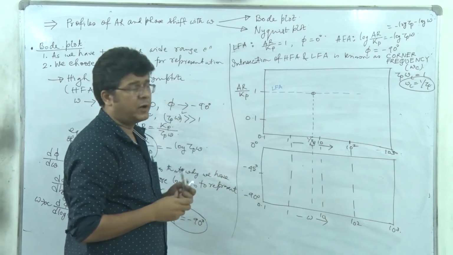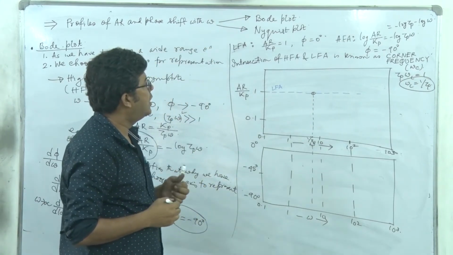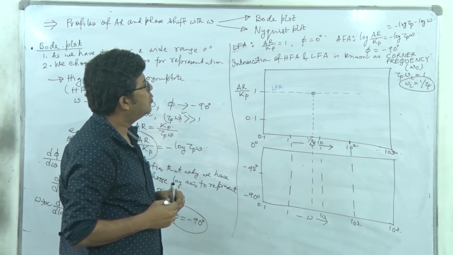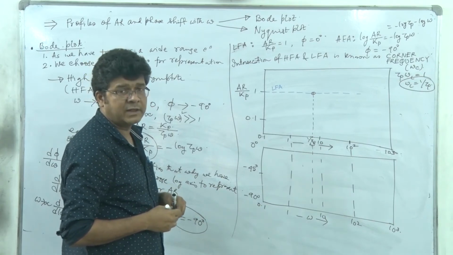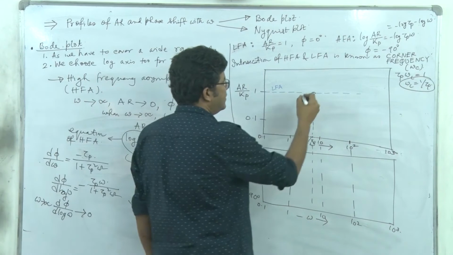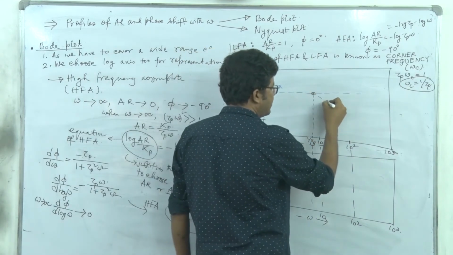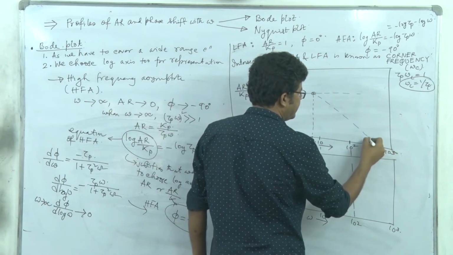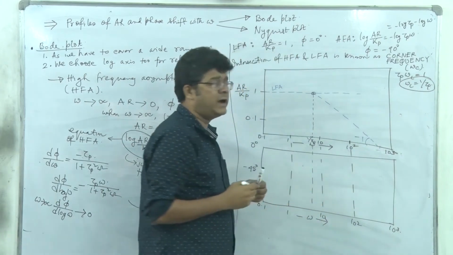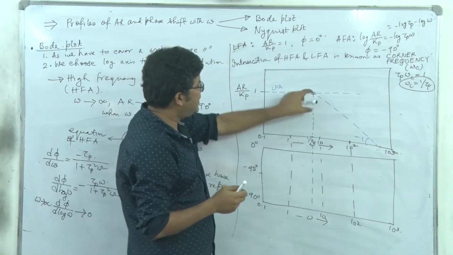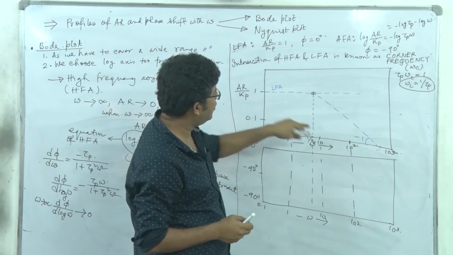And from this point we can always draw a straight line with a slope of -1 in log-log space. And how will you draw it in a log-log space? Just measure some length. Don't go by the scale.